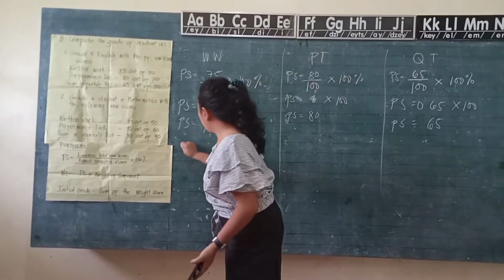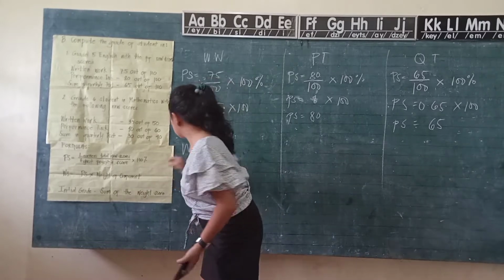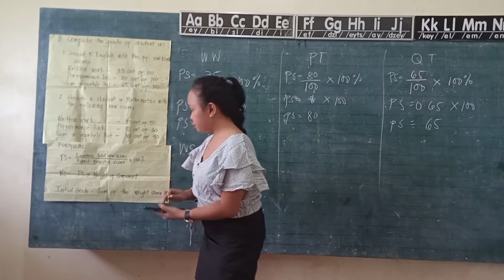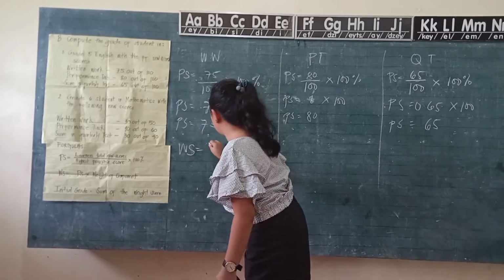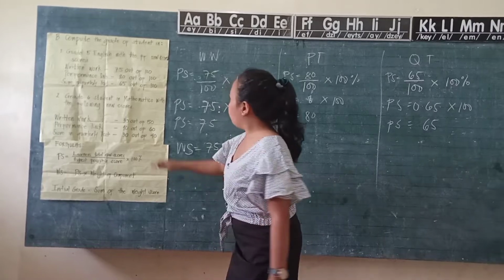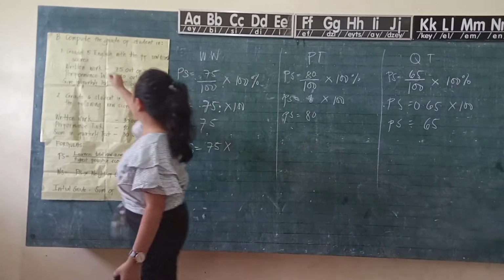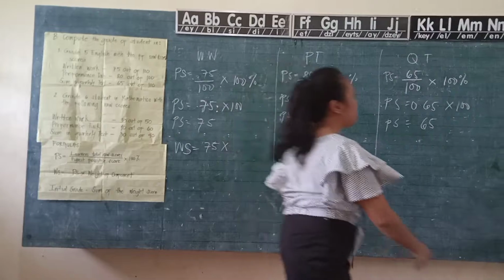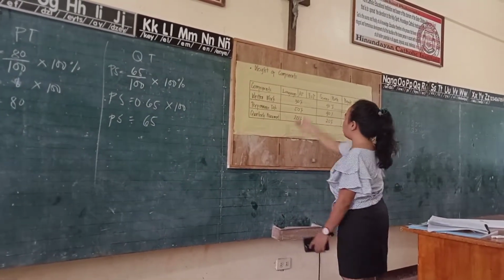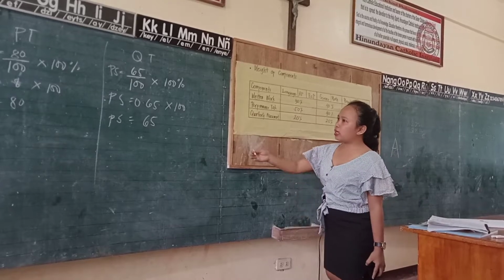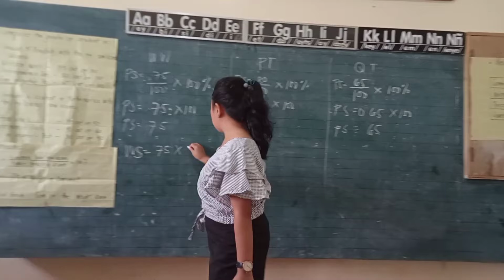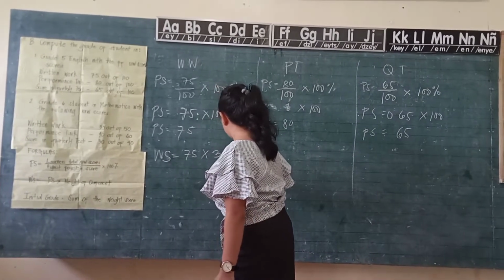So number one, weighted score using this formula. PS is 75 times weight of component. So we are focusing on English subject. So we're going to find the weight of component here. English belongs to the languages. So written work for the English subject is equivalent to 30%. So we're going to use this 30% or 0.30.